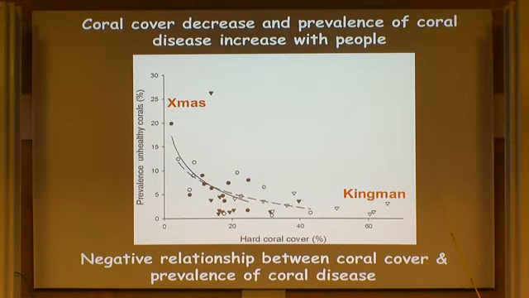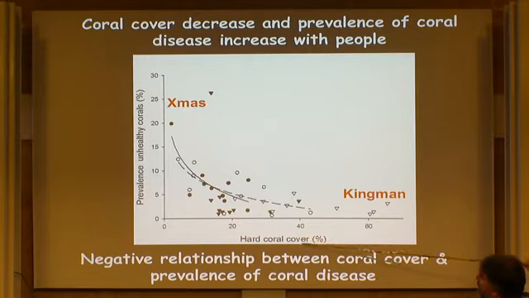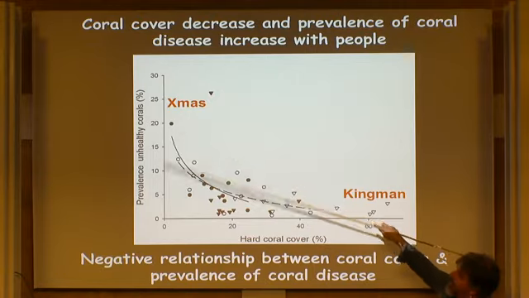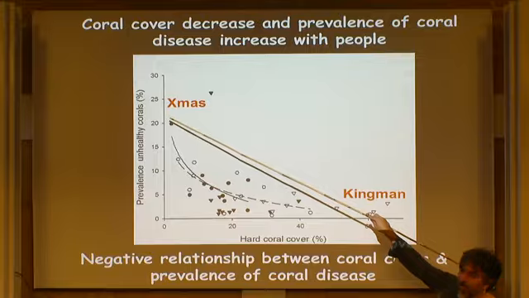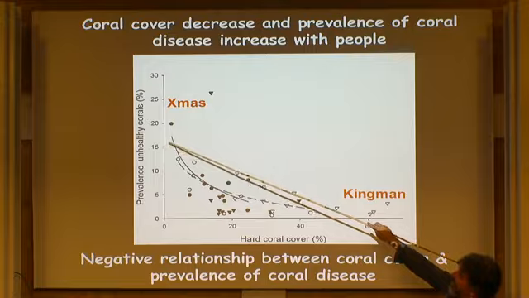And the other thing that is kind of the nail in the coffin, so to speak, is this: hard coral cover goes along this axis, the prevalence of healthy corals goes on this axis, unhealthy corals on this axis.